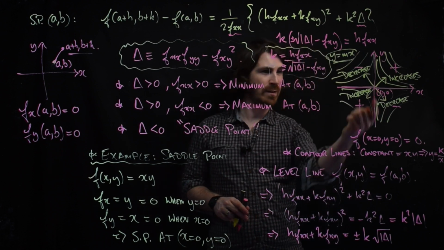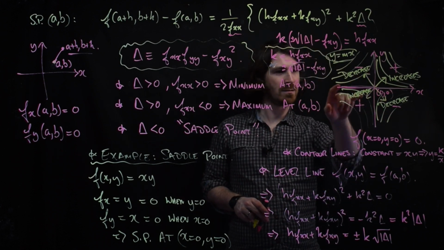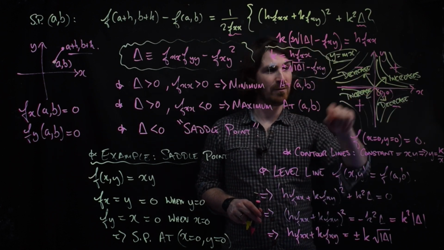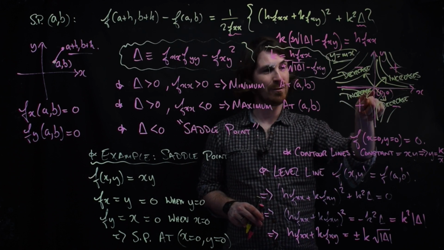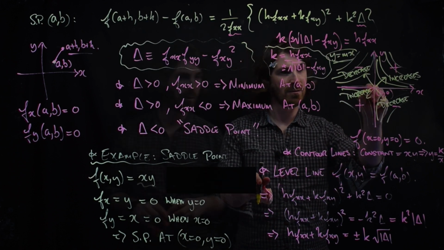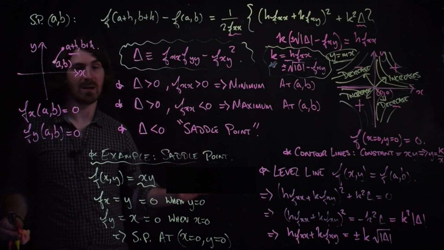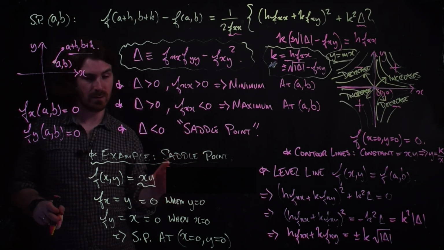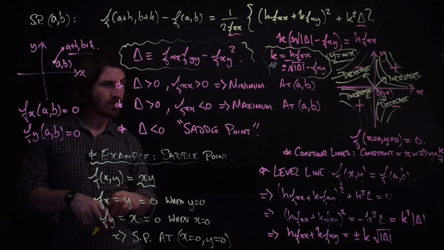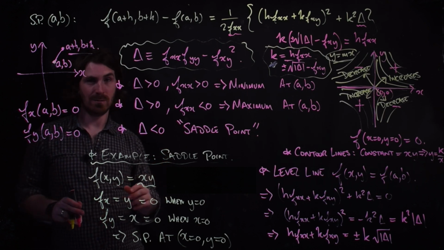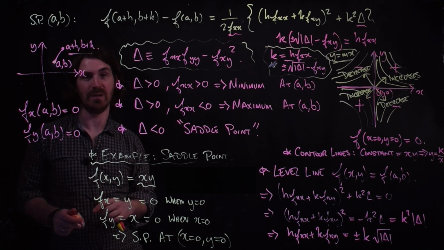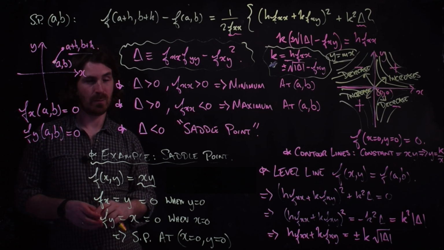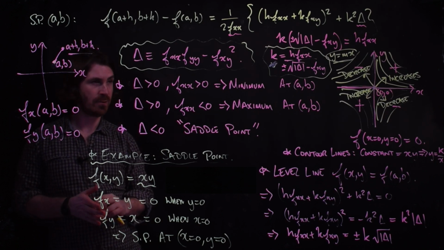So along these two lines, the x and the y-axis, the value of the function is the same as the value of the function at the stationary point. Okay, right, that's section 2 done. Hopefully those examples were useful and helpful. Well done on getting this far. There was a lot of material covered in section 2, but it sets us up very well for the rest of the course.